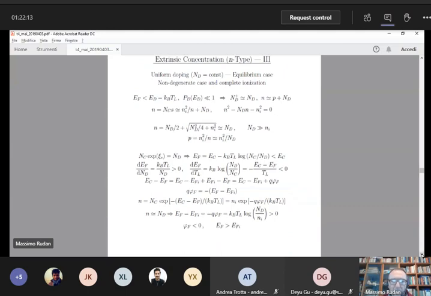In conclusion, when you have a uniform semiconductor in which the non-degenerate case occurs and also the complete ionization case occurs, you can calculate algebraically very easily the concentrations of the electrons and holes. How do you do it? Well, take the balance equation and multiply both sides by small n. So n becomes n squared.